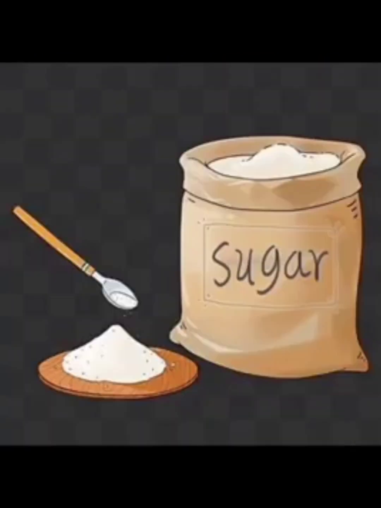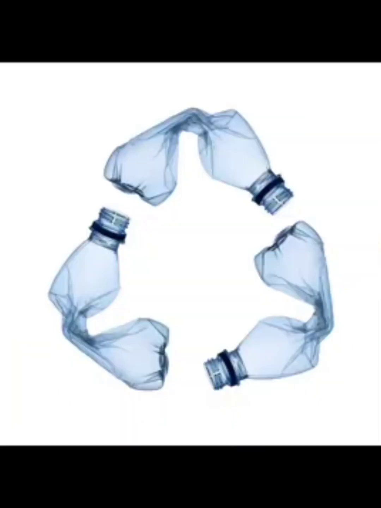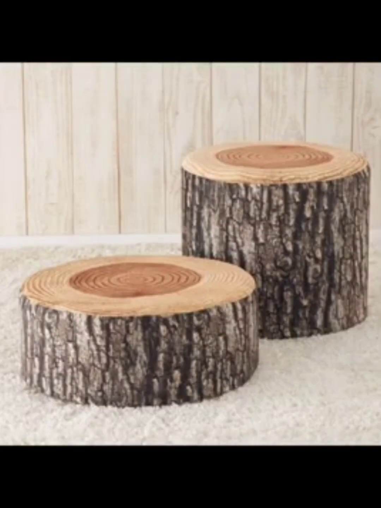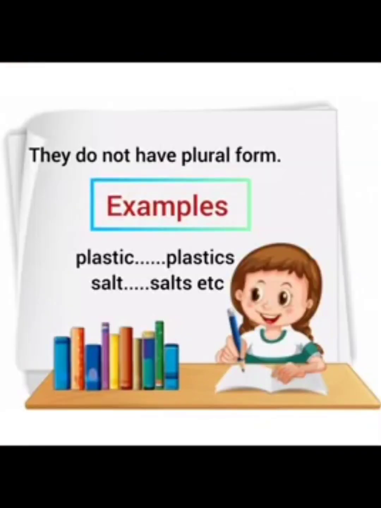For example, sugar, tea, plastic, wood, etc. These nouns are uncountable. Then they do not have a plural form. For example, for plastic, we cannot consider it as plastics. For salt, we cannot consider it as salts. So it does not have any plural form.